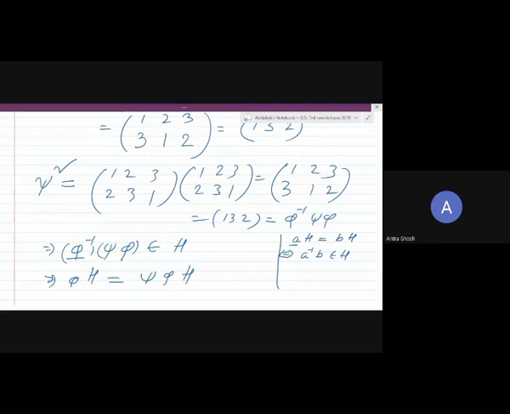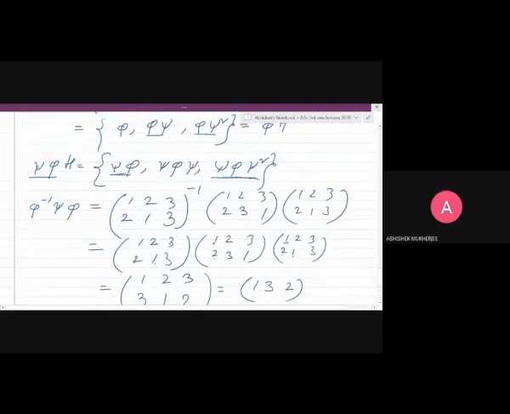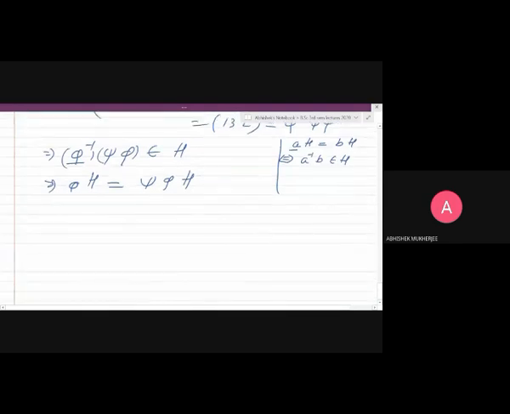Yes sir. Without deducing all the permutations, we can achieve this with the help of the condition for two left cosets to be equal.